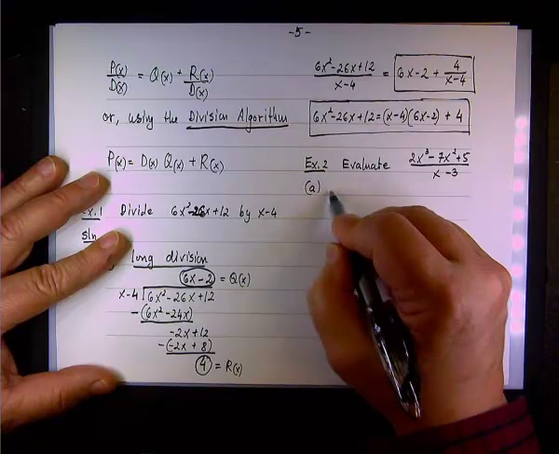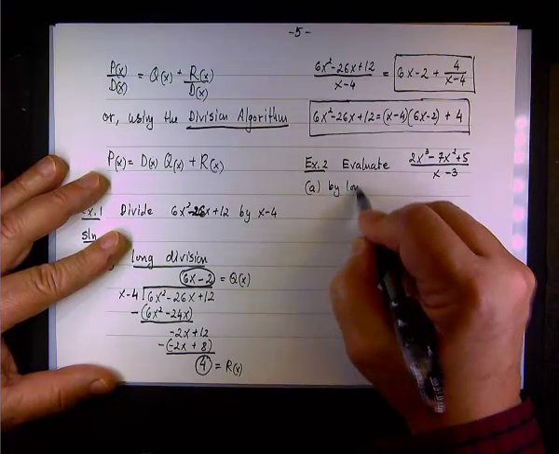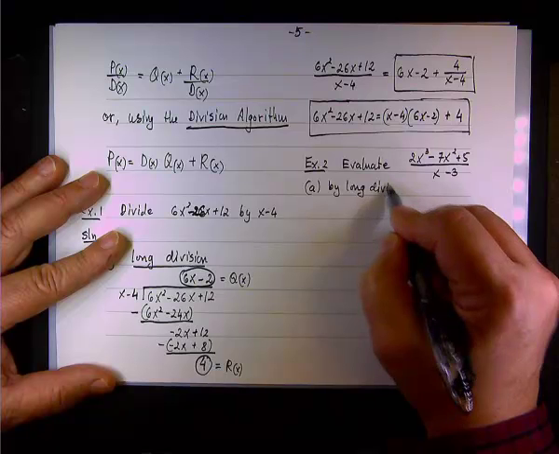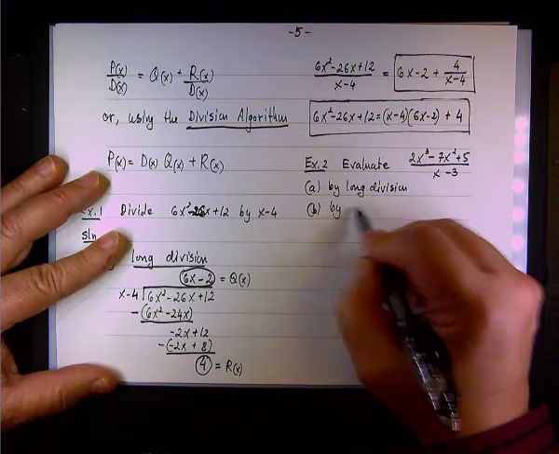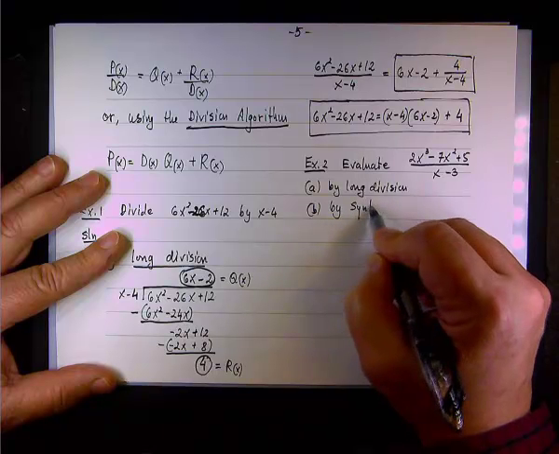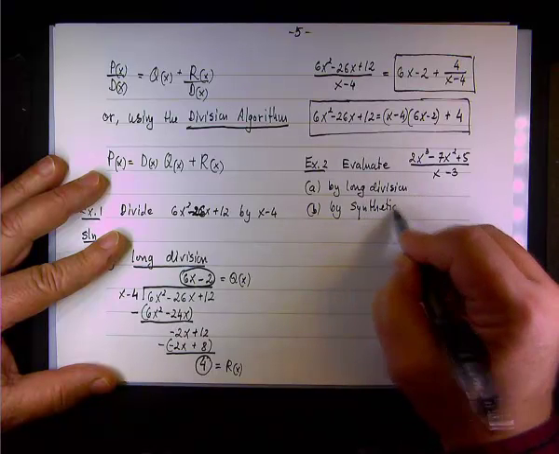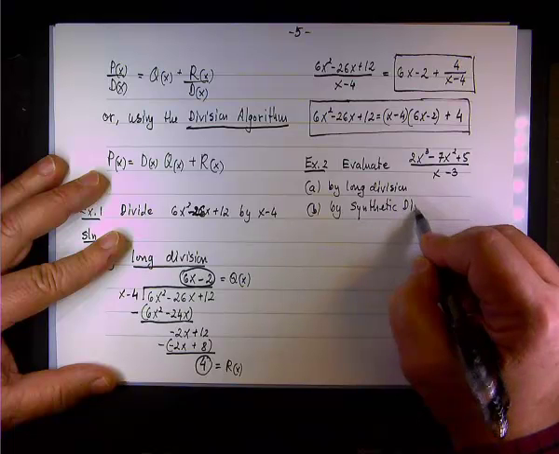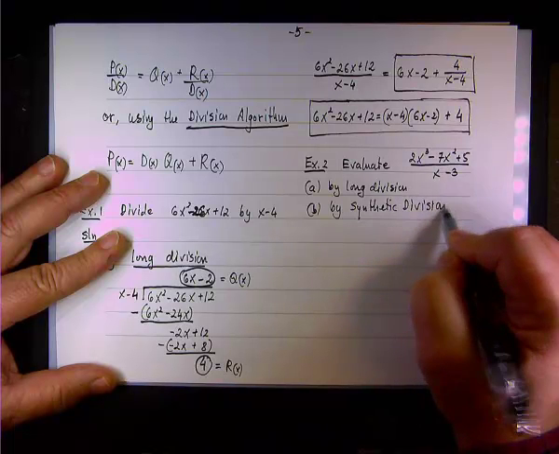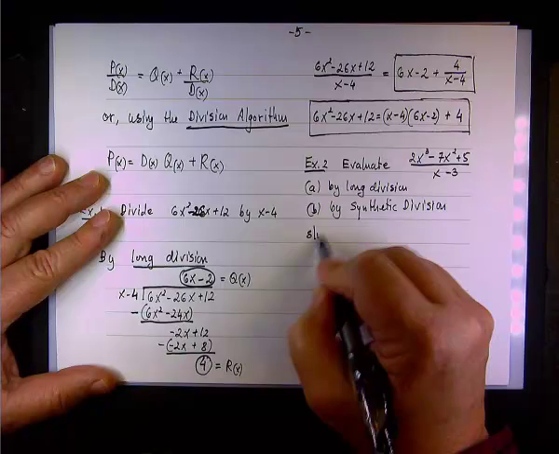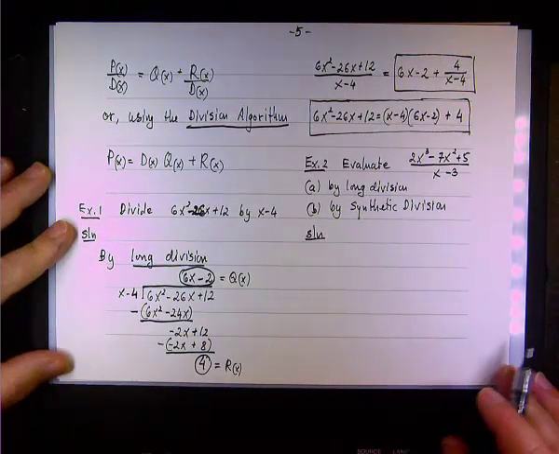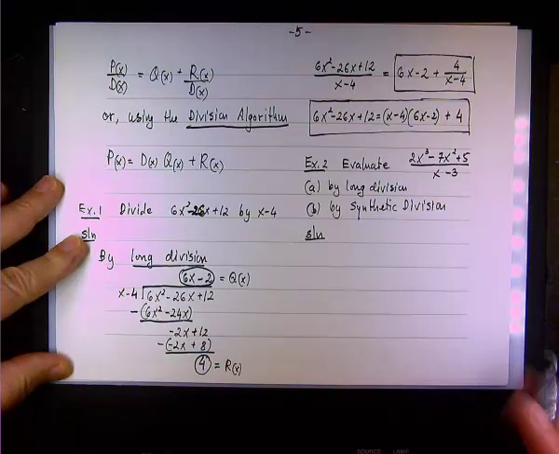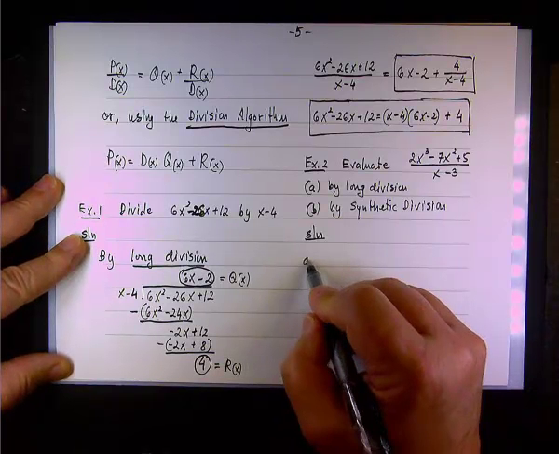A, by long division, B, by synthetic division. So this will give me the opportunity to teach you synthetic division, unless you've done this already, which most of you have done, so I commend you for that.